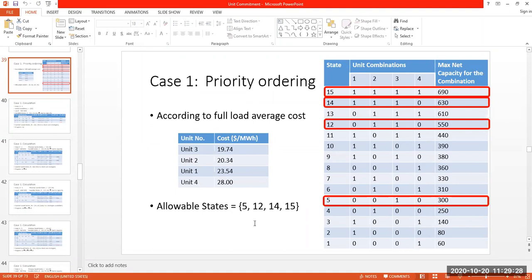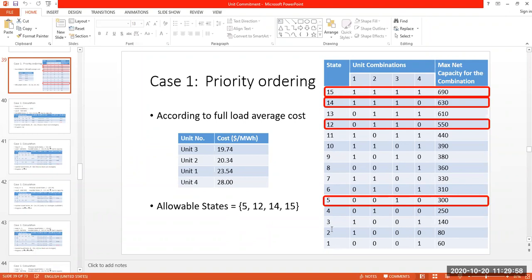So after you prepare the priority ordering, now you look for the allowable states or feasible states. What was the definition of an allowable state or feasible state? We said that the combination of the capacity or the state should yield at least the maximum capacity which can handle the demand.